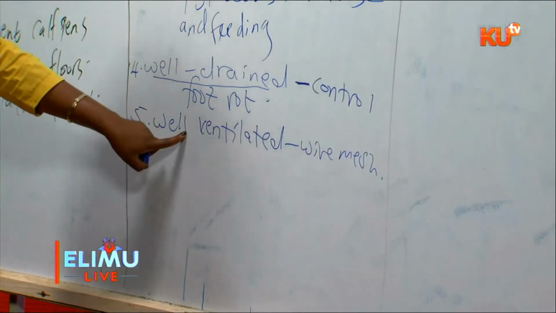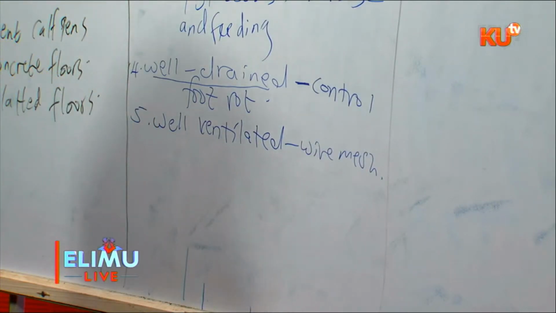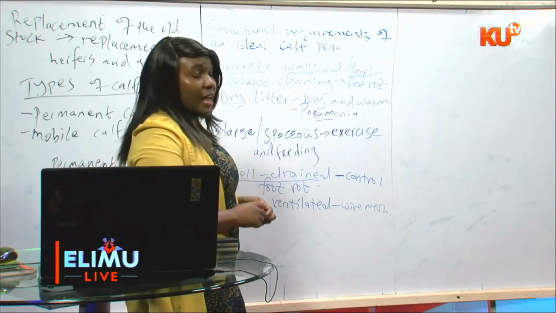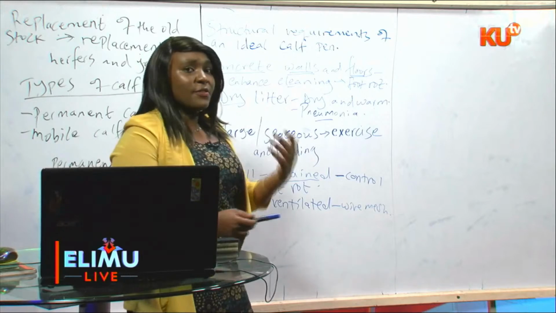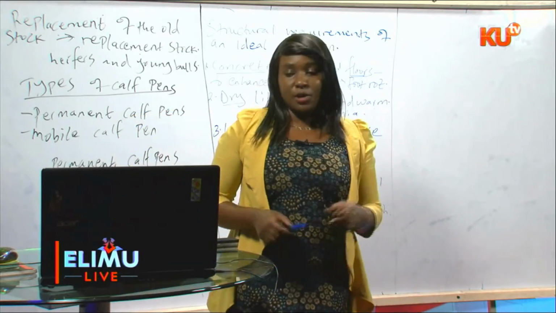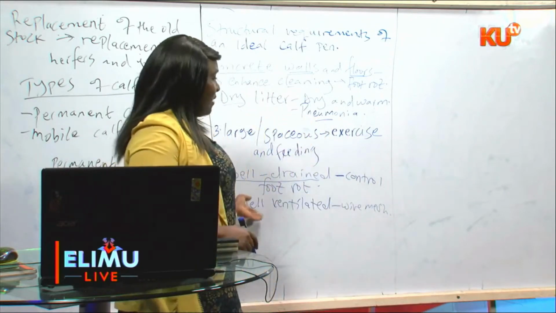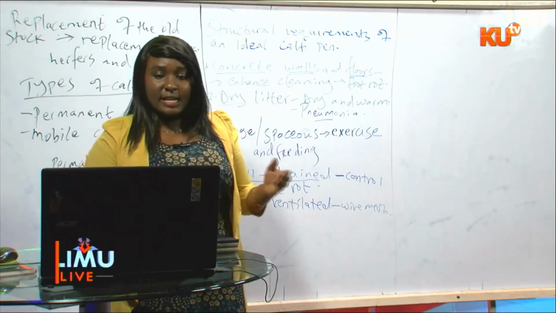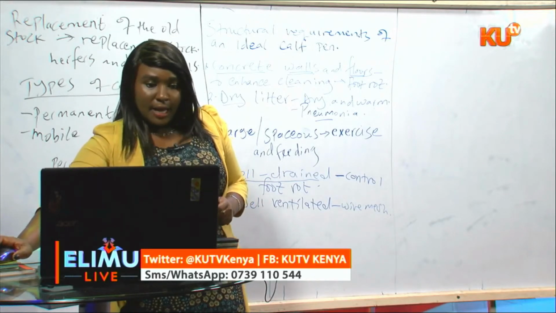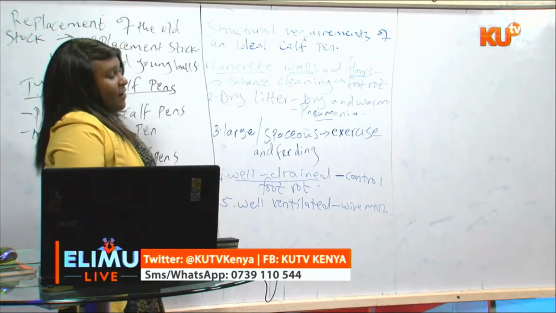And of course, this boosts the immunity of the animals because there is free circulation of oxygen into the body of the calves. So a well-ventilated calf pen is ideal for the growth and rearing of these animals. So we are at point number 5.